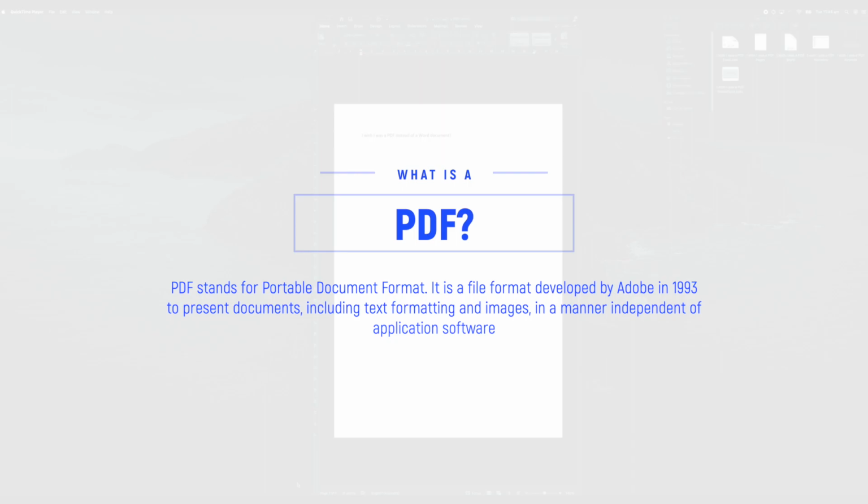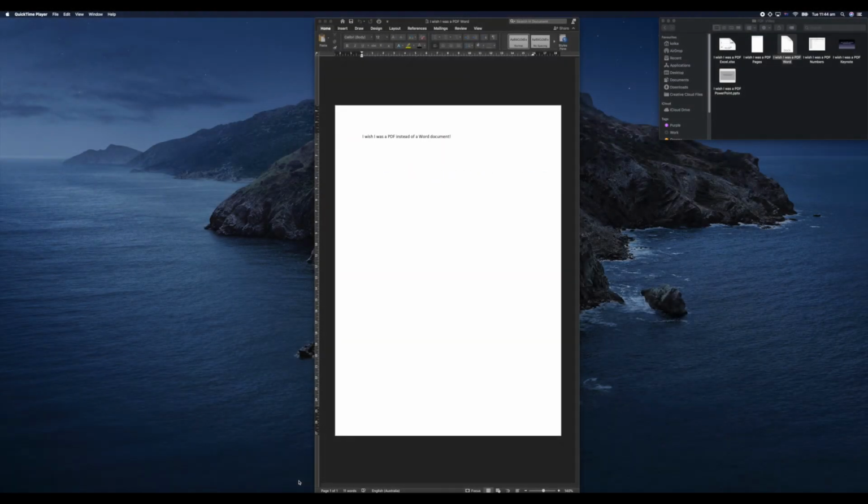The idea was to present documents, text, and images in a manner that's independent of application software, so that you could take a Word document, a PowerPoint document, a Pages document, put it in a format that anybody can open. So that's why you'll find a lot of documents out and about will be sent via PDF.